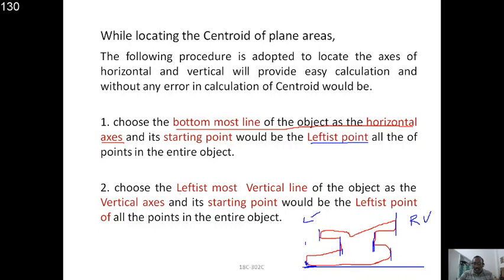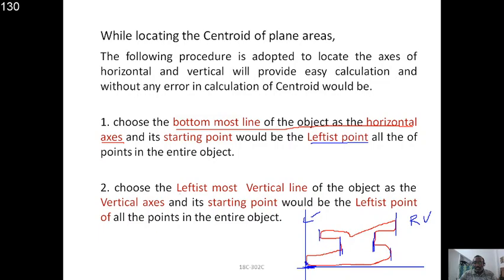So this is the last left vertical line. Draw here a vertical line touching the object, right? So draw like this. Now the vertical axis is drawn and the horizontal axis is also drawn.